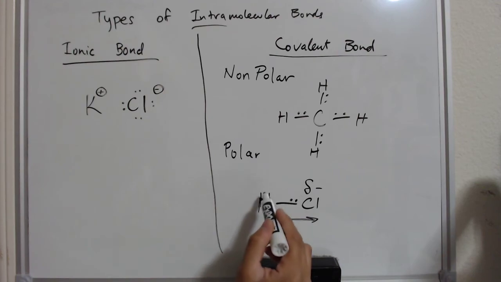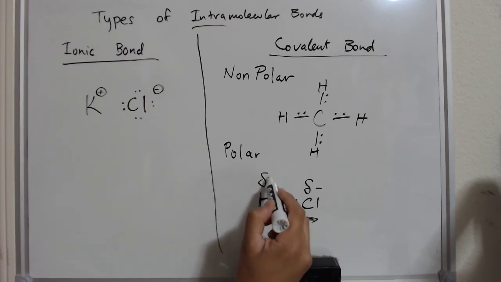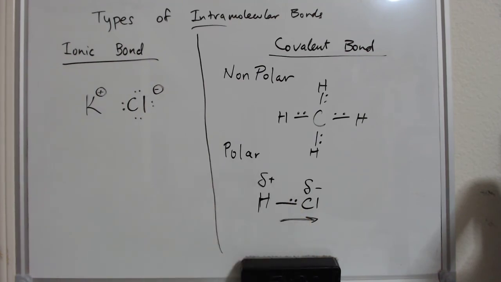And now hydrogen is somewhat missing an electron, so it has a partial positive charge. That's what makes this molecule of hydrochloric acid polar and covalent, because they're still sharing the electrons in the bond, but the electrons are skewed to one side, so there can still be a difference in charge within the molecule.